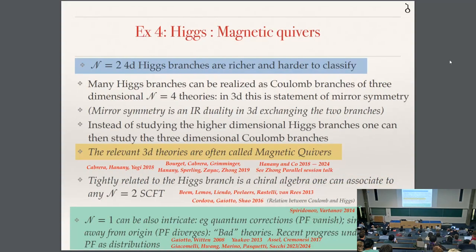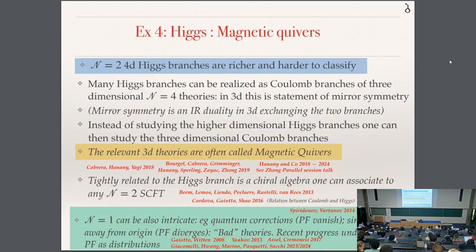Higgs branches are more complicated. Again, you can study N=2 4-dimensional theories for which Higgs branches are a well-defined notion. And it is a fact that many Higgs branches can be realized, the geometries of a Higgs branch of theories not just in 4 dimensions but in other dimensions too, can be realized as Coulomb branches of 3-dimensional N=4 theories. And this is related to the mirror symmetry that I mentioned before.